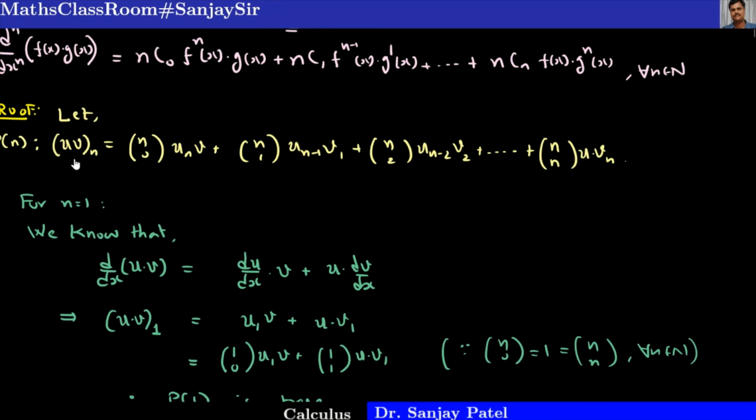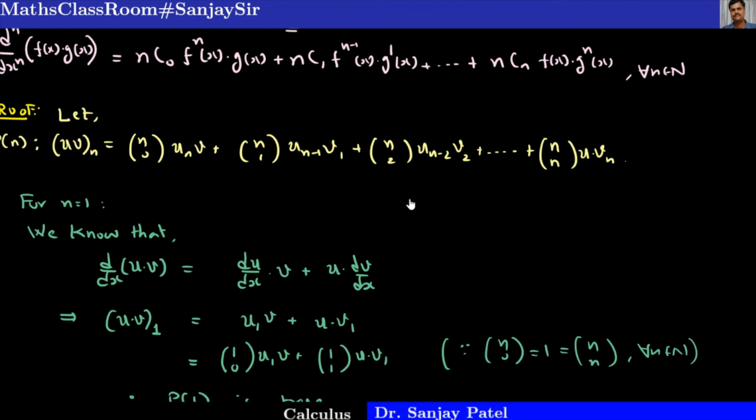In this formula for the nth derivative of u into v, what should be taken as u and v if you are given two functions? Always choose as u the function whose nth derivative is known to you, whose formula we can write very easily, and choose as v the function whose derivative vanishes, or becomes 0, after a certain stage, so that you can stop this expansion after some number of terms.